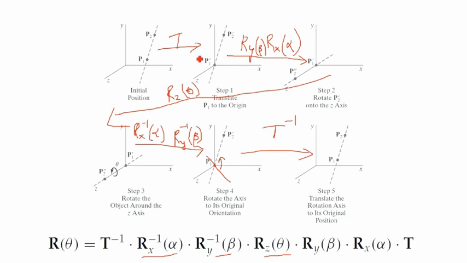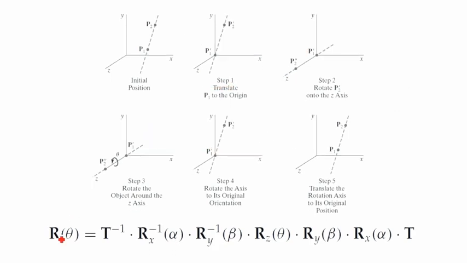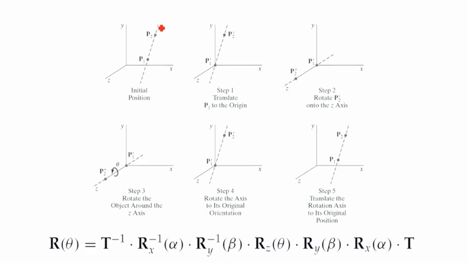The resulting matrix, if we multiply with any object, would rotate the object around the arbitrary axis that we have considered here. So this, guys, are the steps involved to rotate any object around an arbitrary axis, whichever that axis might be, if it's not parallel to any of the principal axes.